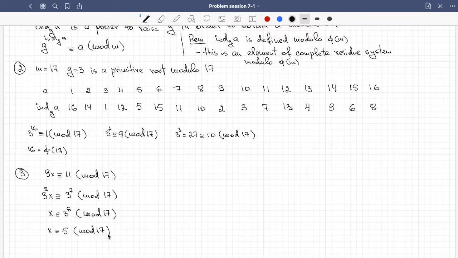modulo 17. So instead of using the full multiplication table modulo 17 to find the inverse of 9, and after that to multiply this inverse by 11, we use the fact that all of them, 9 and 11, are relatively prime to 17, and therefore can be presented modulo 17 as powers of the primitive root, any primitive root. 3 has been chosen arbitrarily, but that helps.